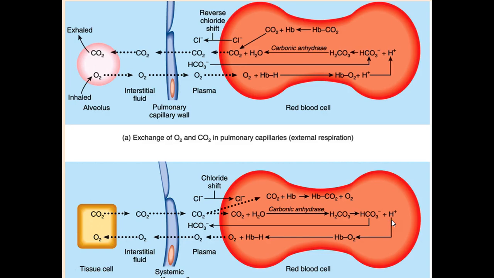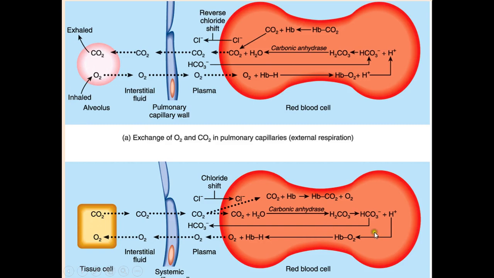When carbonic acid ionizes, it releases protons, which causes the intracellular pH to fall. Because the intracellular pH decreases, the affinity of hemoglobin towards oxygen decreases. So oxygen is released from the hemoglobin and transferred to the tissues.